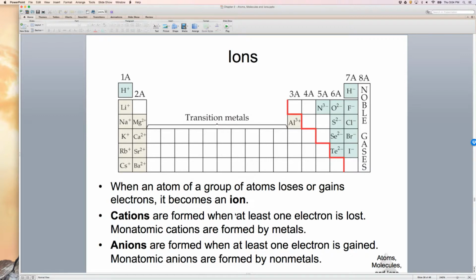Cations are positively charged and they have to lose an electron or more than one electron. Metals are generally the ones forming cations, as you can see in this picture here. Hydrogen can form a positive ion. It is not a metal, but it can form a positive ion.